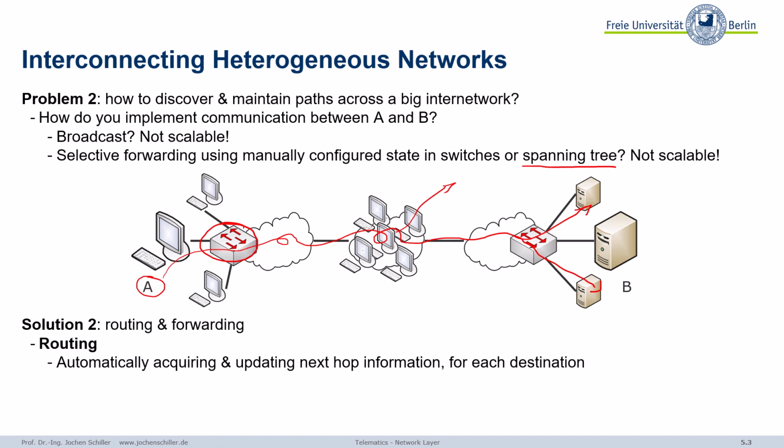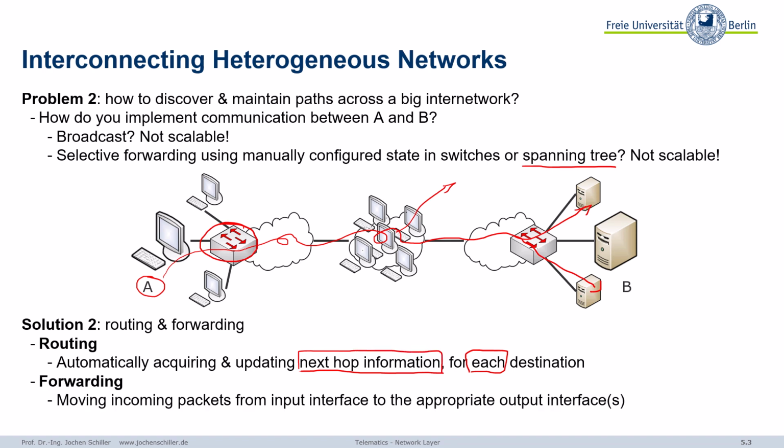Routing, that's basically how do we find the next hop information? It's quite important. How do we update this for each destination? For each destination worldwide, we have to find the so-called next hop information. So we have to know where to forward incoming packets in the next step.